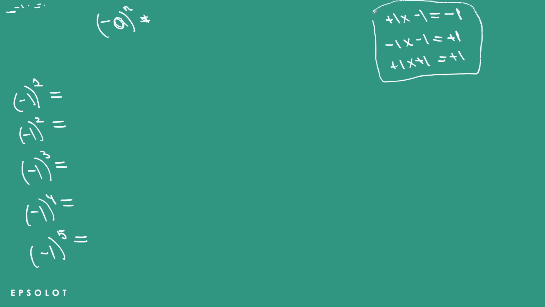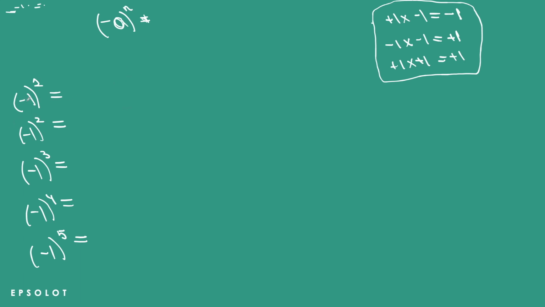So keep this in mind once we're solving these exponentials. I'll repeat: if you're multiplying two numbers and one is positive and the other is negative, you get a negative number. If they're both negative, you get a positive number. And if both are positive, you again get a positive number.